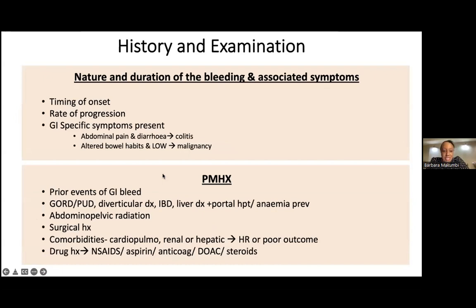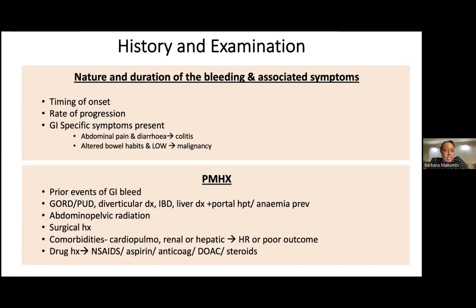History and examination, I'm going to gloss over this for the sake of time, but you need to find out the nature and duration of the bleeding and associated symptoms that the patient has. The history can allude to your etiology. Find out what the specific GIT symptoms the patient has are, the timing of the bleed, how quickly the bleed progressed, and who actually witnessed the bleed.